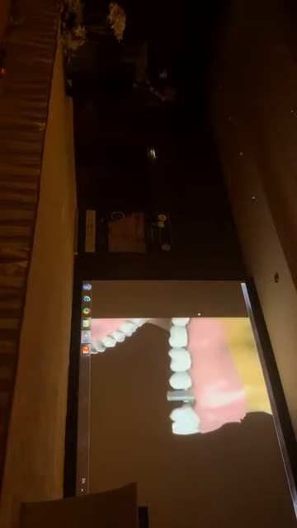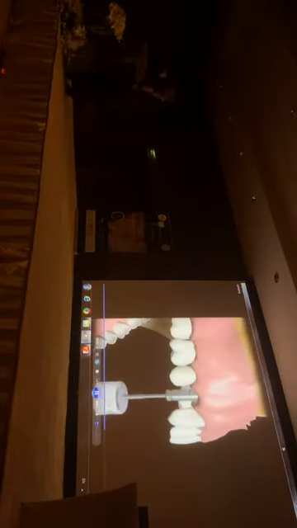That was a closed tray. I'll show you the open tray later on. Okay, so that was intraorally. Unscrew the impression coping, put the healing abutment back on.